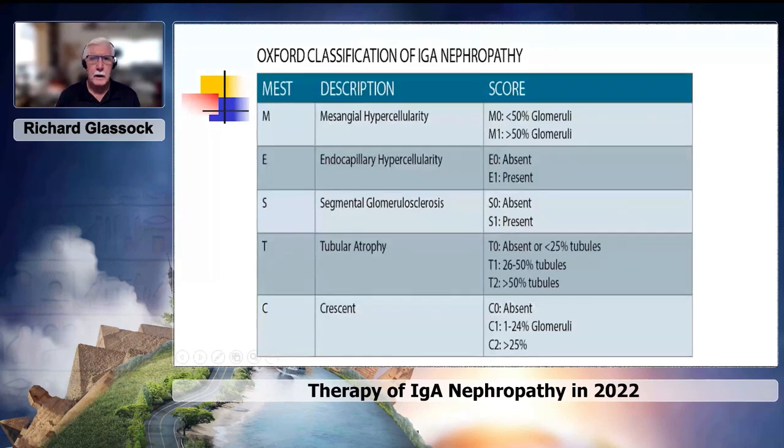The biopsy, too, contributes largely through the assessment of the Oxford classification, the so-called MEST-C score, which involves mesangial hypercellularity, endocapillary hypercellularity, segmental glomerulosclerosis, tubular atrophy, and crescents, and each of these makes a contribution to varying extents on the long-term outcome.